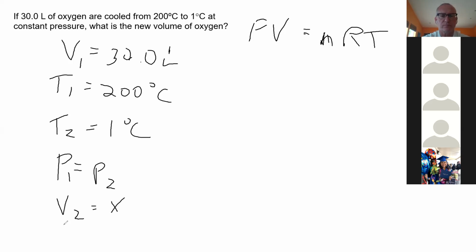So what's the very first thing we need to do to start addressing the problem? Make PV and RT equal to V. Even before that, what do we need to do?